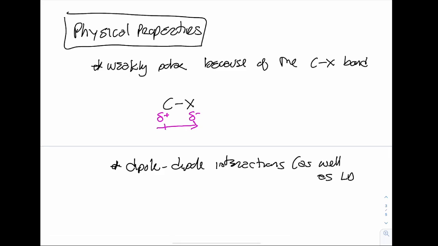It does have electrons. Those electrons are moving. They can be arranged unsymmetrically, inducing dipoles in neighboring molecules. So I have dipole-dipole interactions as well as London dispersion forces.